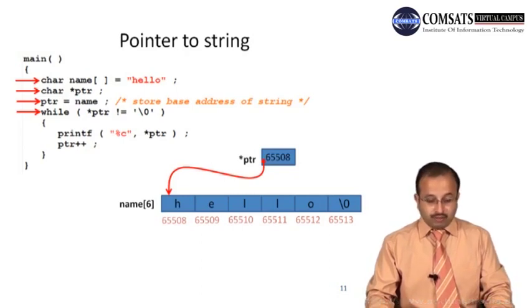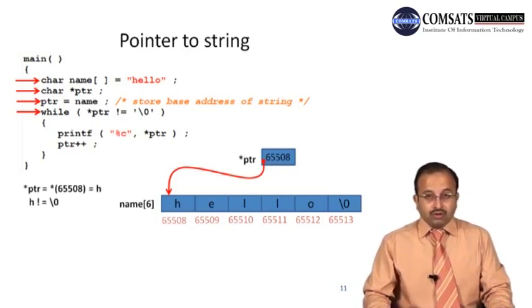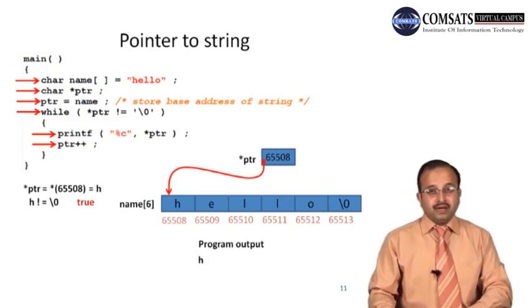So the condition in the while loop becomes h not equal to null, and that is true. h is not equal to null, so it comes inside the loop and it prints the character that is placed at the address 65508. So *PTR is h, it prints h, and then it increments the pointer value, PTR plus plus.